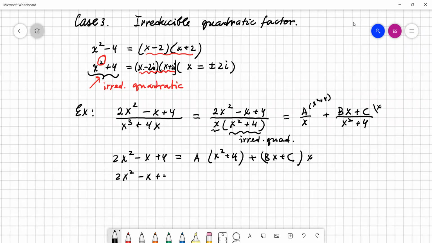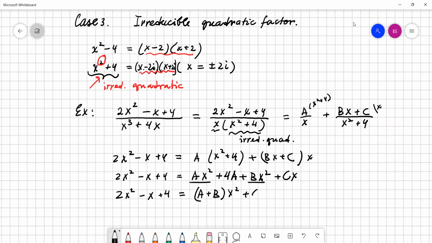It's going to be faster than to do anything else. So it's Ax squared plus 4A plus Bx squared plus Cx. Simplifying my right side, the x squared terms together give me (A plus B)x squared plus Cx plus 4A.